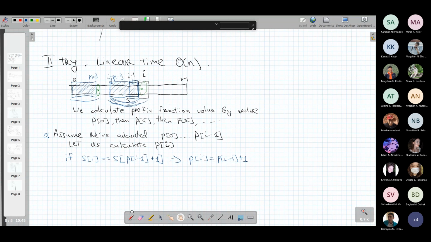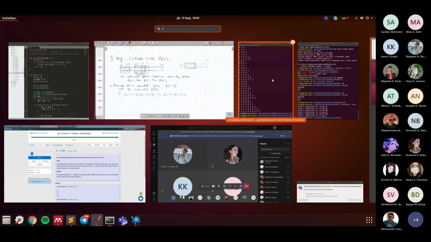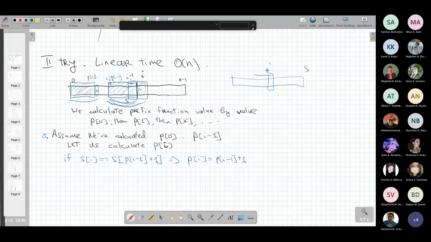Why is it so? Assume we have a string s, and assume the largest prefix that could exist in the world, the answer for the i-th position.